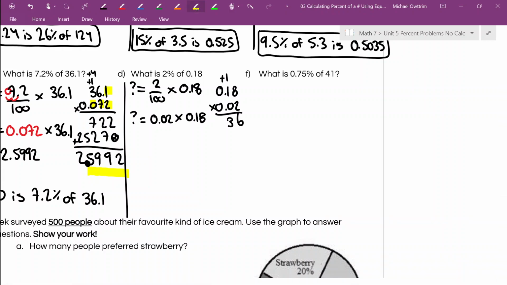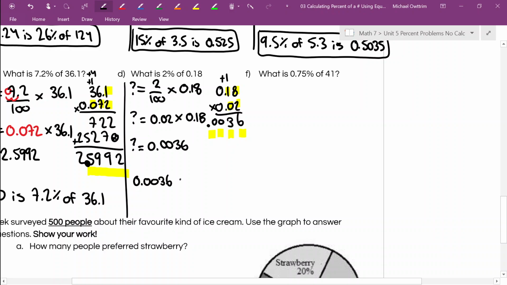We've got a total of 1, 2, 3, 4 digits behind our dot in our question. So we're going to have 1, 2, 3, 4 digits behind our dot in our answer. So our question mark is 0.0036. And we can say 0.0036 is 2% of 0.18.